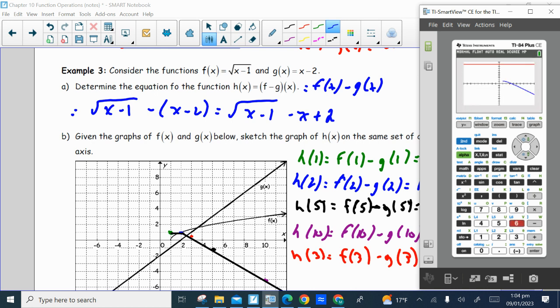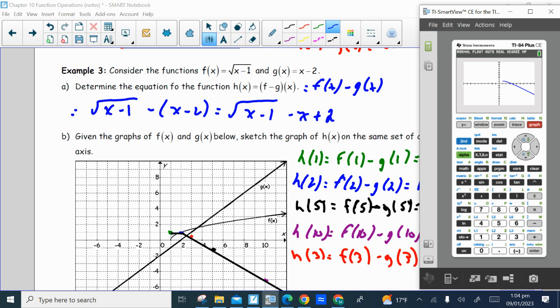If I set my windows to their standard settings, it looks like I have a second equation in there. Yes, I do, so let's take that out. That looks very similar to what we have drawn on our paper.